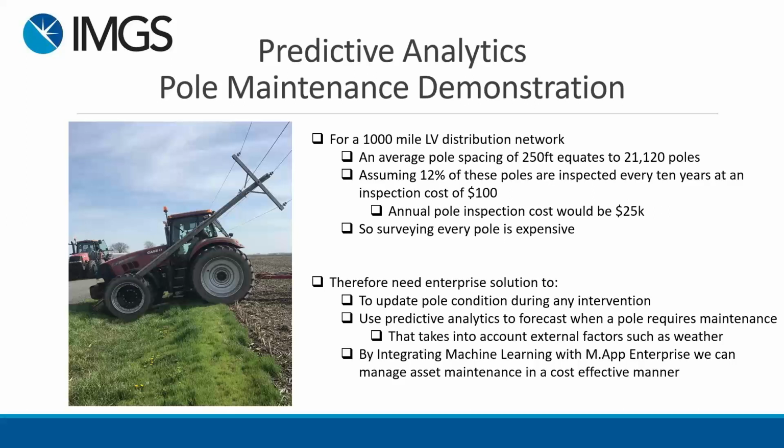That way we're getting more and more information, turning this data into information, into decisions, to make the best decisions on how we invest our network spend and which parts of the network need changing. So by integrating things like machine learning with MApp Enterprise, we can manage asset maintenance in a very cost-effective manner and save organizations hundreds of thousands of euros in maintenance spend.